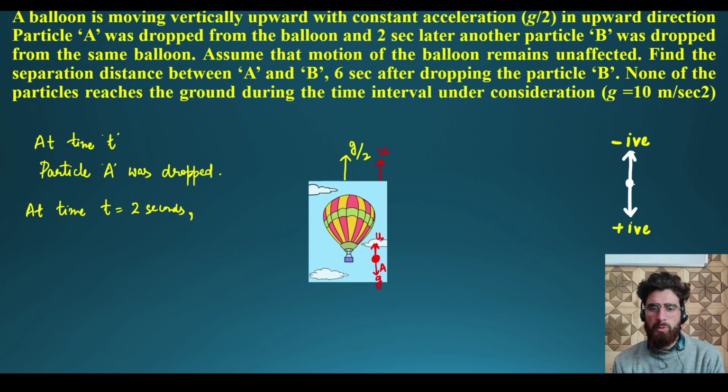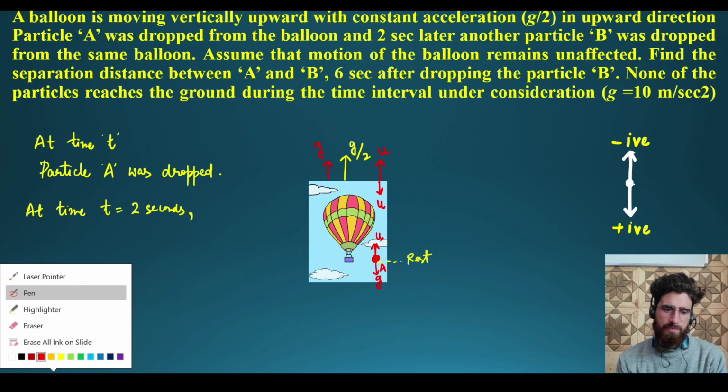So what's the separation between A and B? We know that the balloon is going upwards and particle A is going downwards. So they are having relative motion with respect to each other. We will keep particle A at rest and we will give its velocity and acceleration to the balloon, in the opposite direction. If the velocity of particle A is u in the upward direction, once given to the balloon, the velocity is going to come in the downward direction, and the acceleration of particle A is in the downward direction, so the acceleration of the balloon is going to come in the upward direction g.